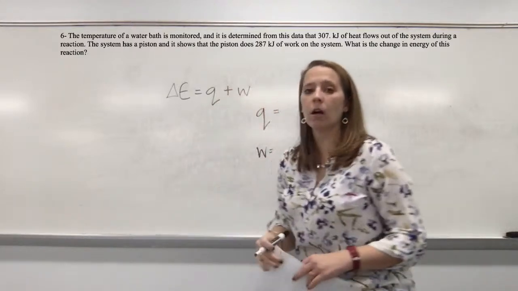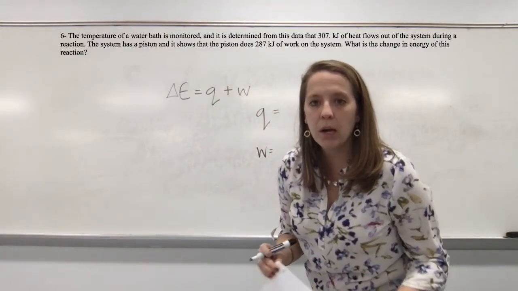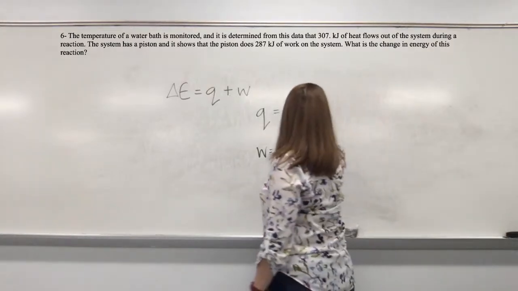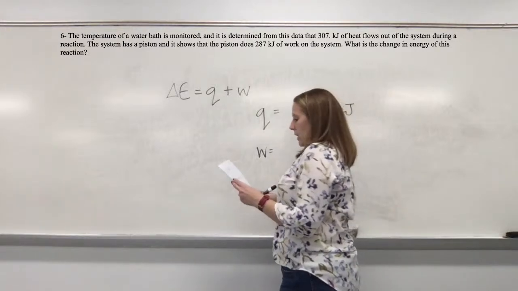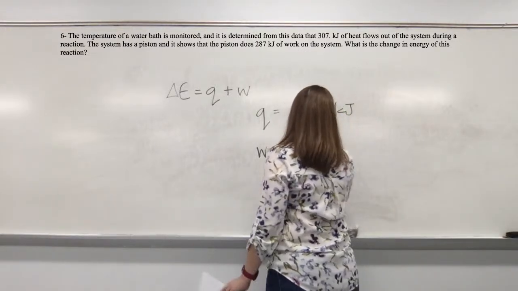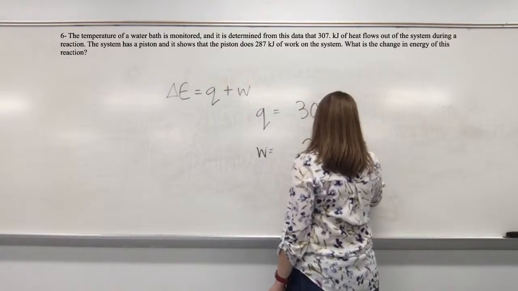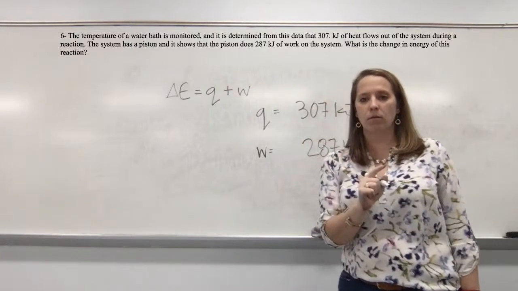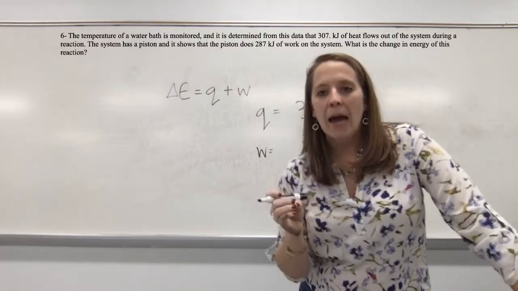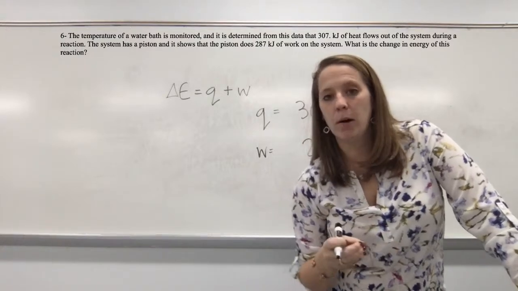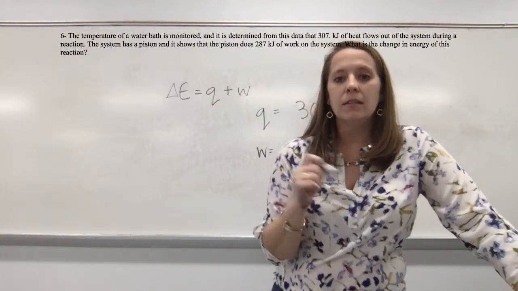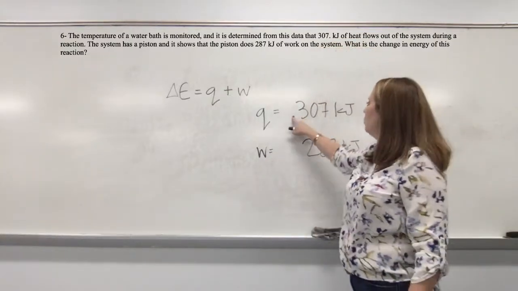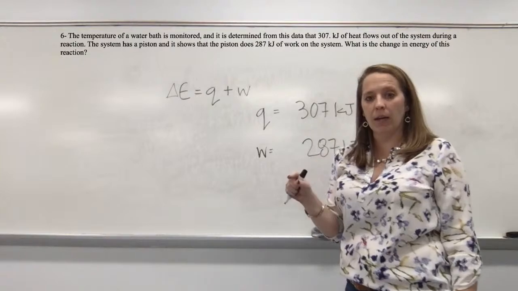So when we look at our question, it says 307 kilojoules of heat. And it tells us that 287 kilojoules of work. Now, adding two numbers together isn't the hard part of this question. The hard part of this is, in fact, determining whether Q and W should be positive or negative.